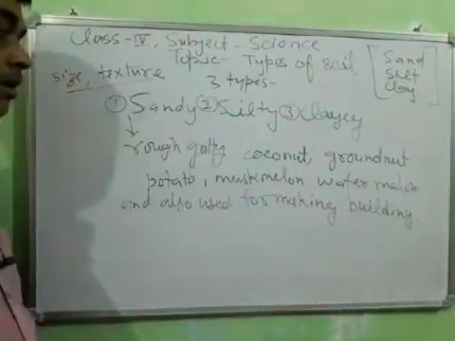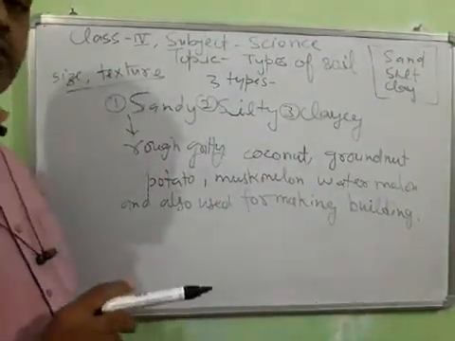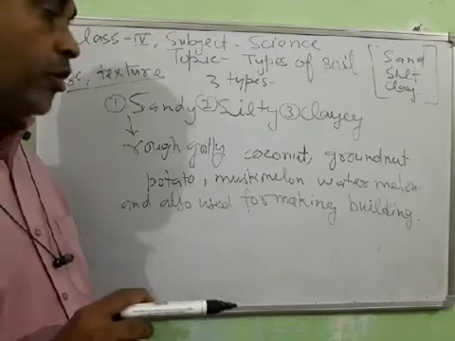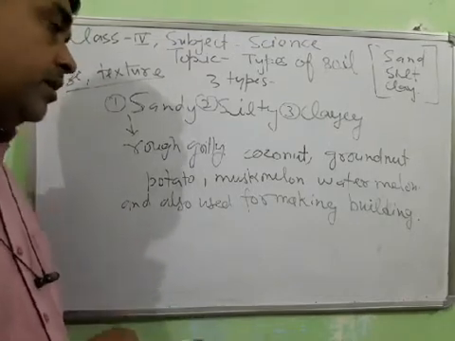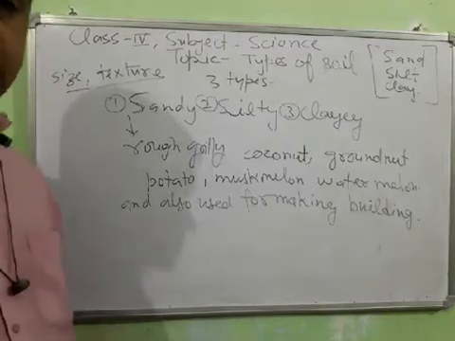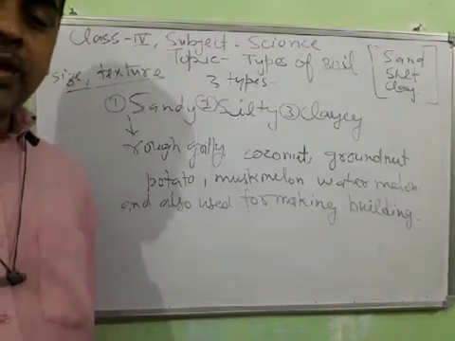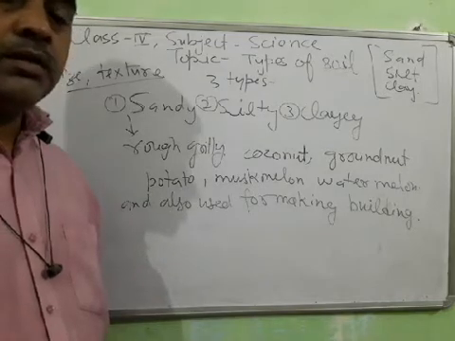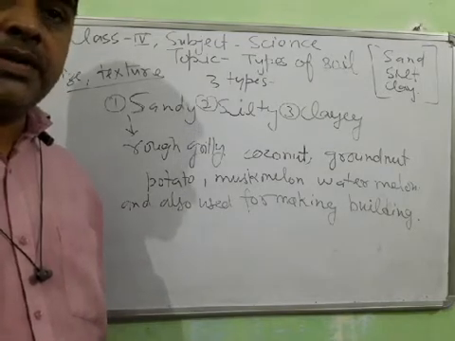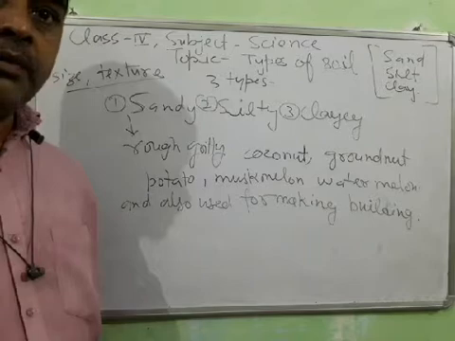Okay students, so sandy soil is very useful for growing coconut, groundnut, potato, muskmelon and watermelon. It is found on the banks of the river, where many vegetables are also grown.